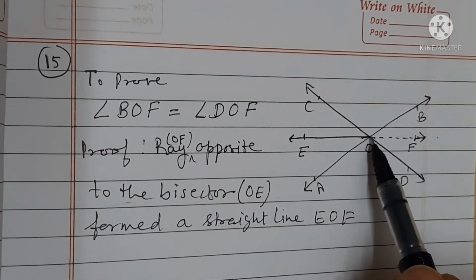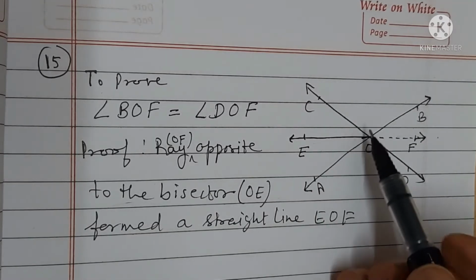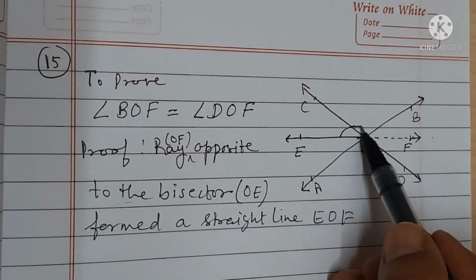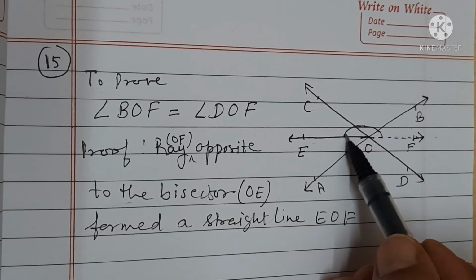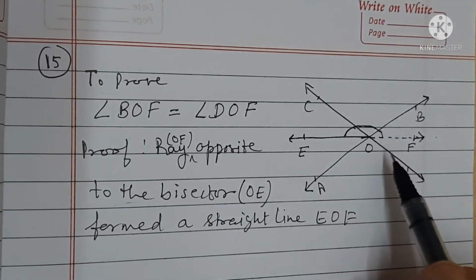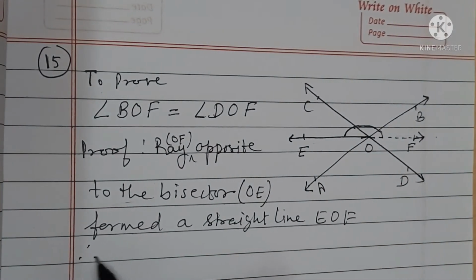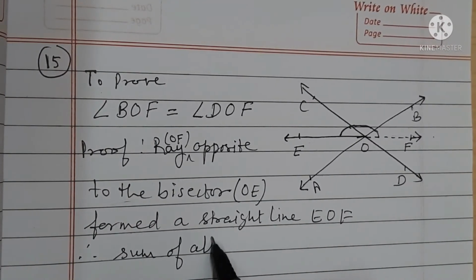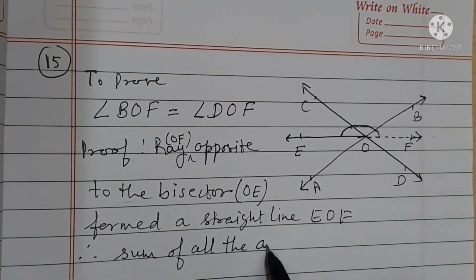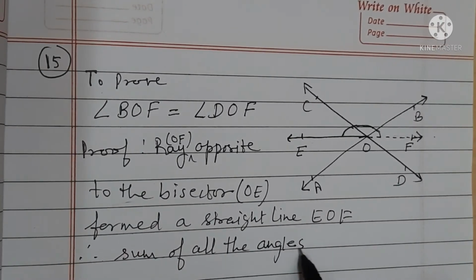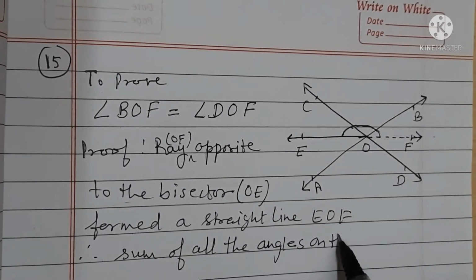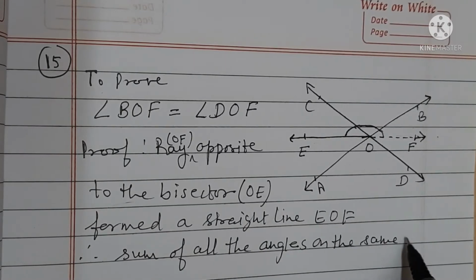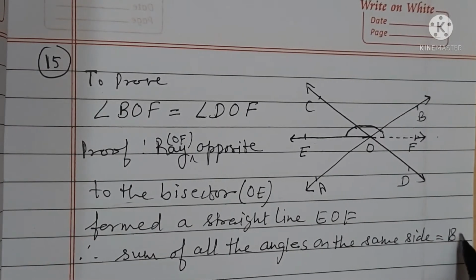Therefore sum of all the angles, this and this, number 1, number 2, number 3, on the same side is equal to 180 degree.